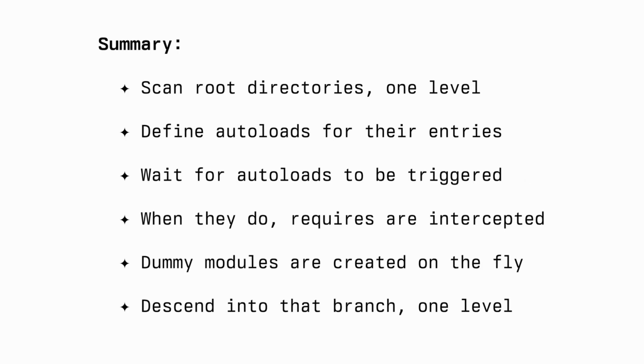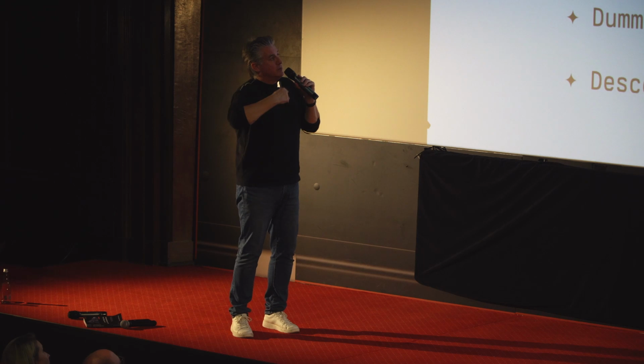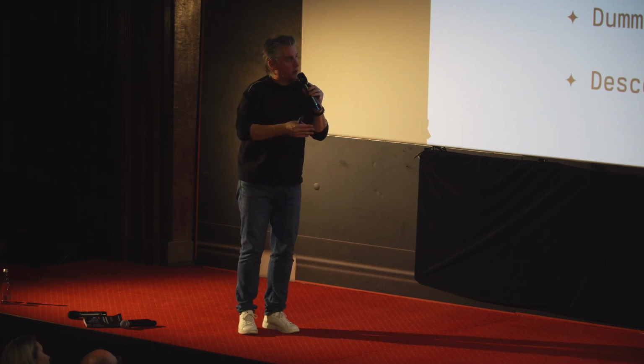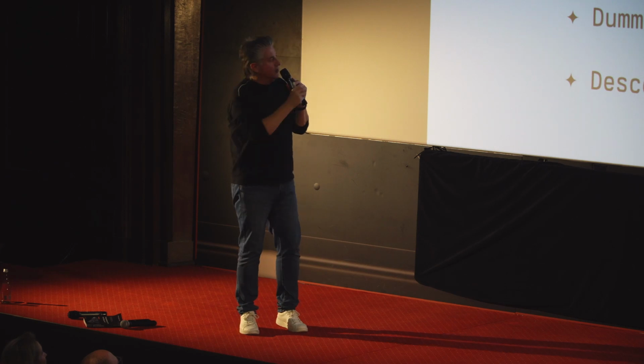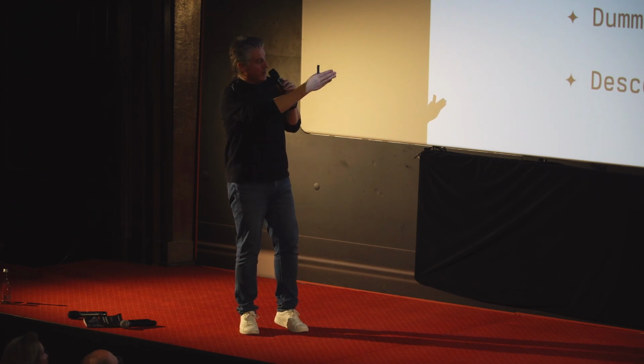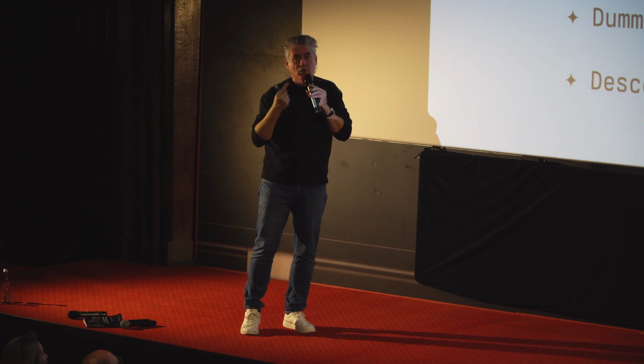So this is the summary, okay? We scan the root directories, one level, define autoloads for their entries, then wait, don't do anything. When they are triggered, if they are triggered, then requires are intercepted. Dummy modules are created on the fly, and in that moment, we descend one level more for that particular module.